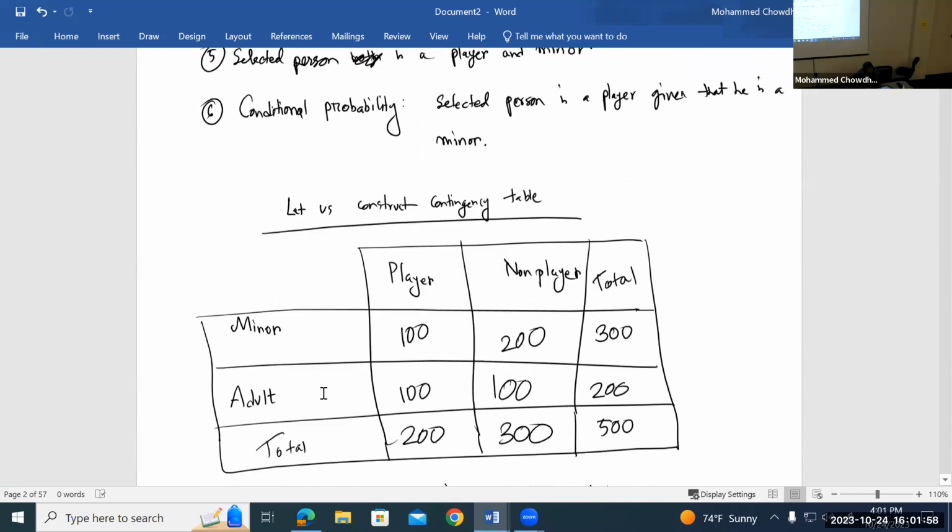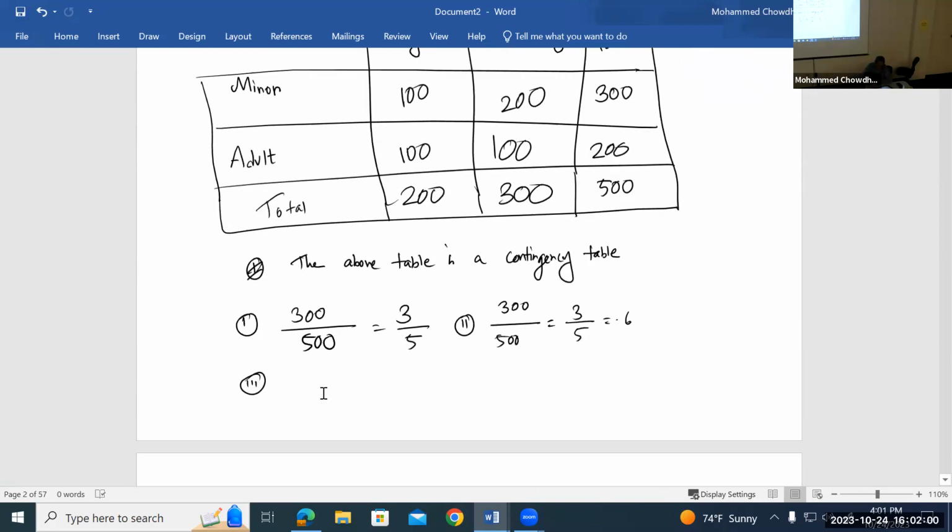Okay. Number 3, they are asking, find the probability the selected person is a player or adult. So you can write probability of player plus probability of adult minus probability of player intersection adult.